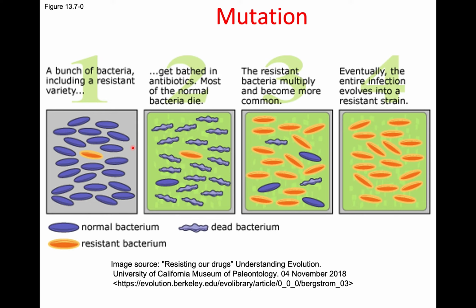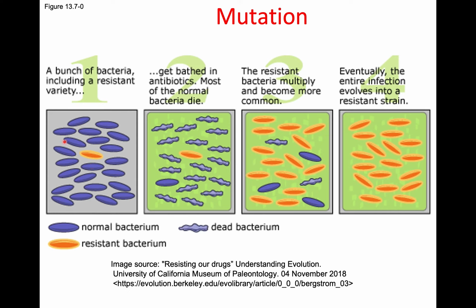Mutation is basically the building block of the variation in our population. If it weren't for mutations, evolution couldn't really happen, because there wouldn't be any changes among us. An example is the development of antibiotic resistance in bacteria. We have an original population of bacteria, some of which randomly developed a mutation.